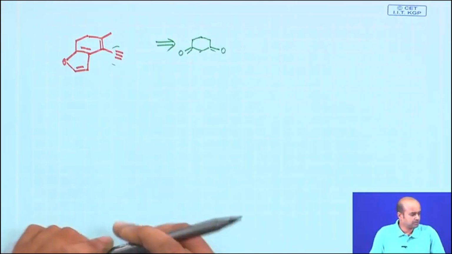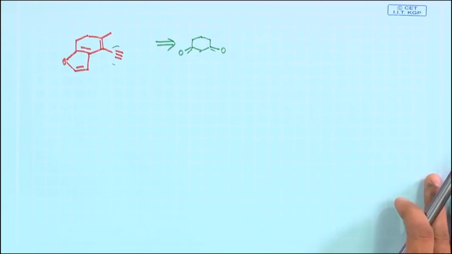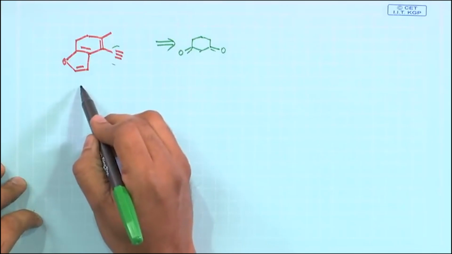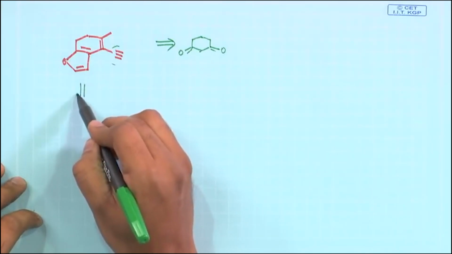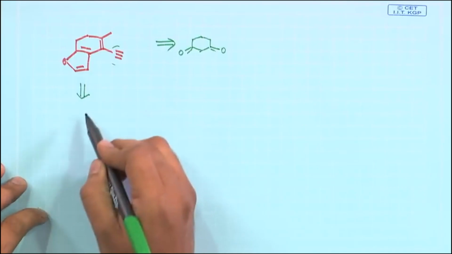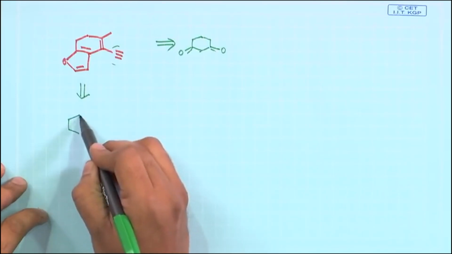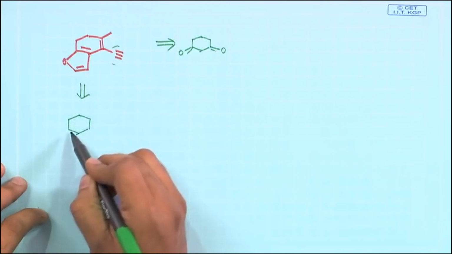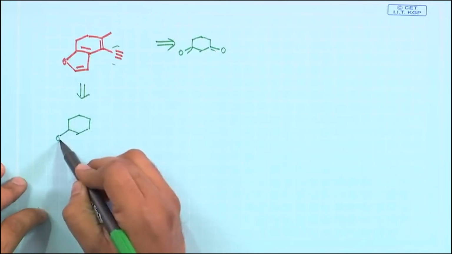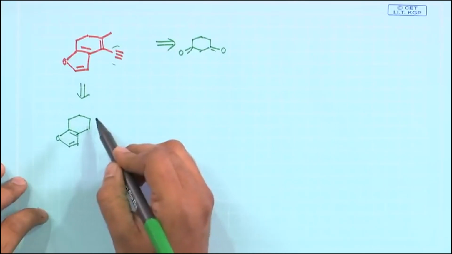This whole transformation is a unique transformation, so let us analyze the target first and then go back to see how it can be done. First we will do a functional group addition, keeping the furan part the same.